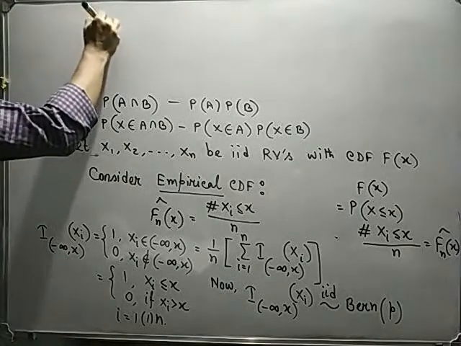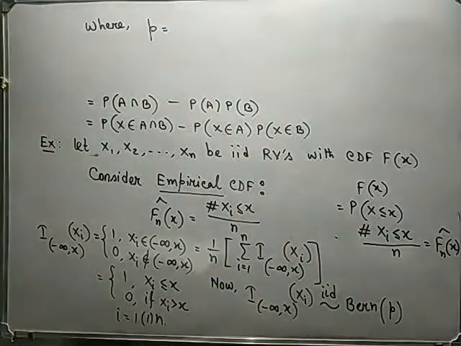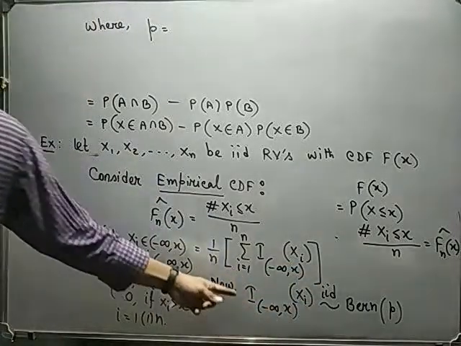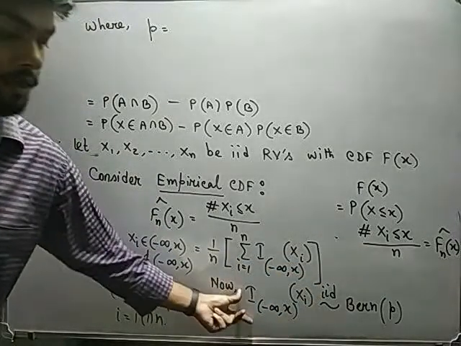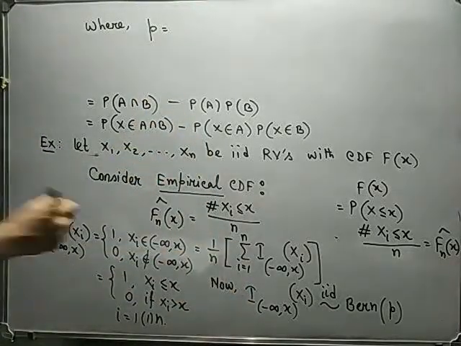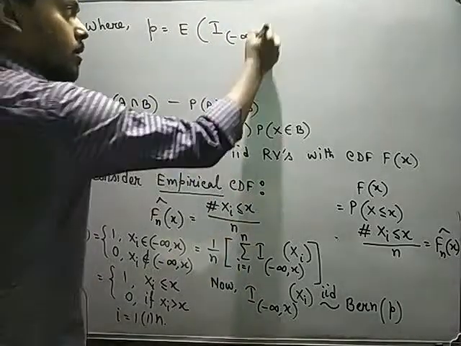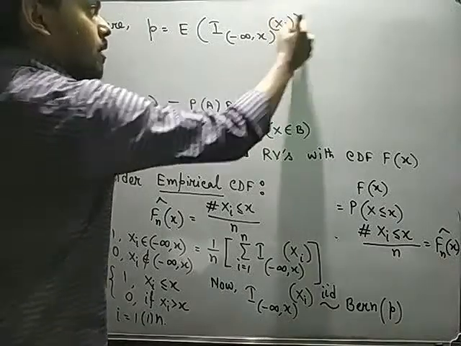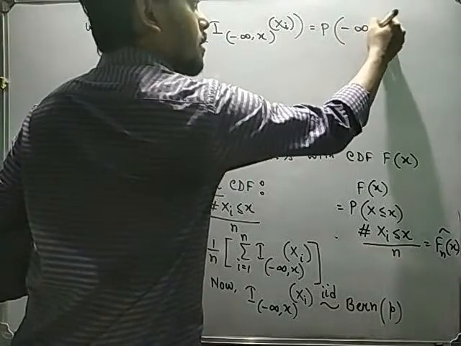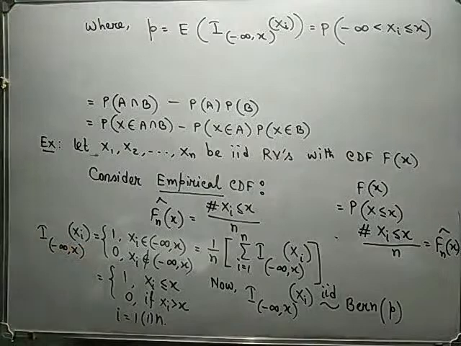Where this small p is, as we all know, the expectation of the random variable. Now if we take expectation on the indicator variable, we have defined the expectation part, it will be the probability of this quantity.